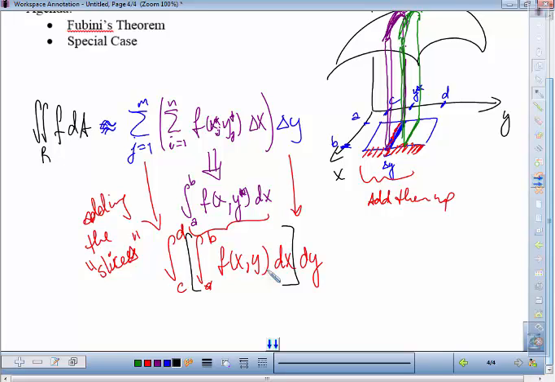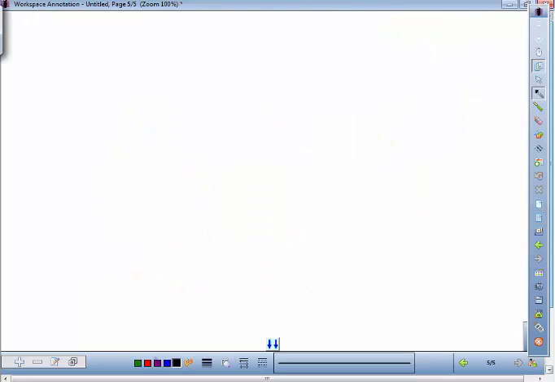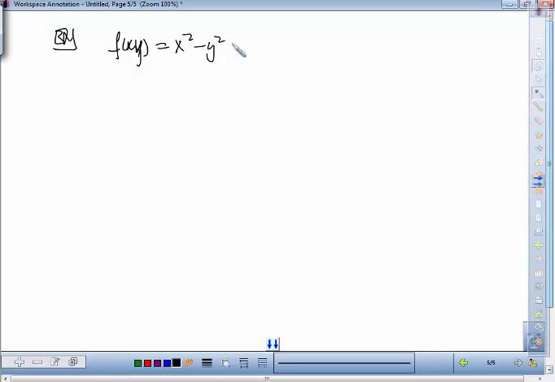So let's do a quick example, the example that we were just looking at. Let's take a look at the function f of x, y is equal to x squared minus y squared plus 4, where R is going to be the rectangle from minus 2 to 2 by minus 2 to 2.